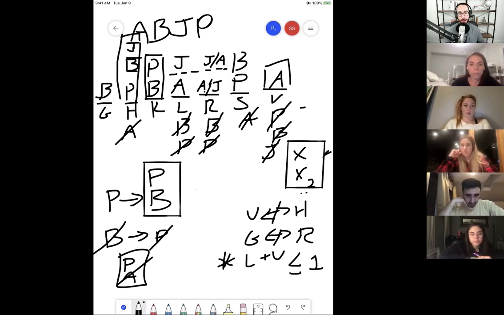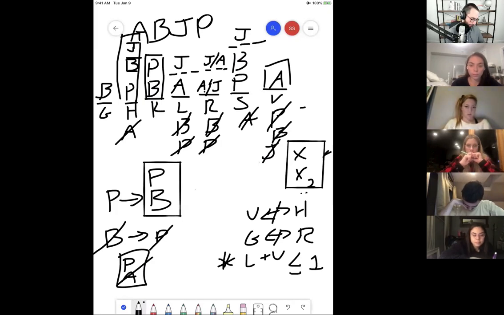We can say that S will have both P and B, and S will possibly have J as well. We just know it cannot have A. And then G, Ganesha, has B for Bobby. As for what else it could have, we can't say.